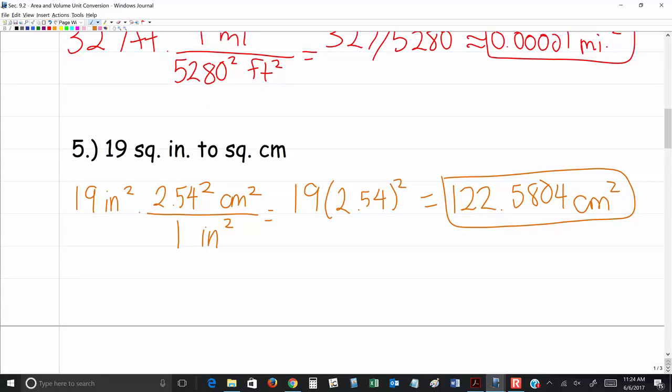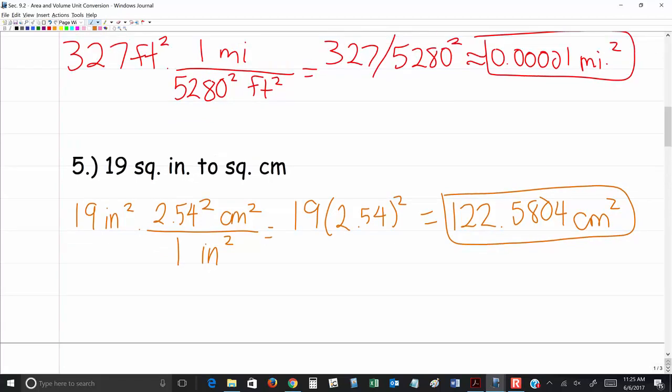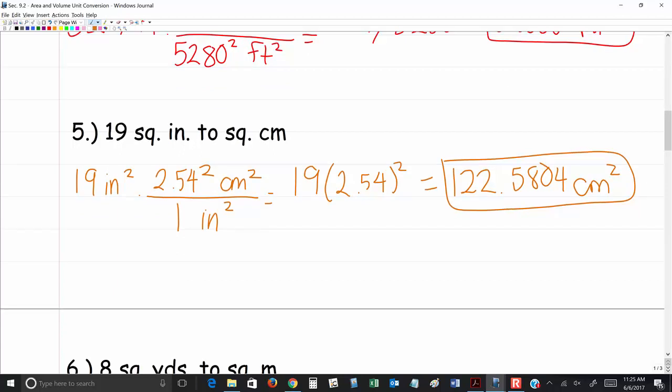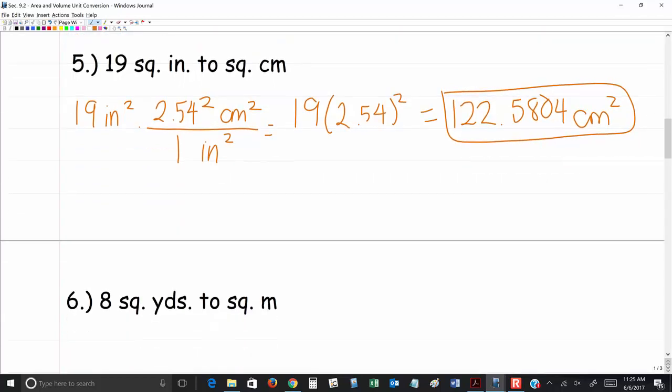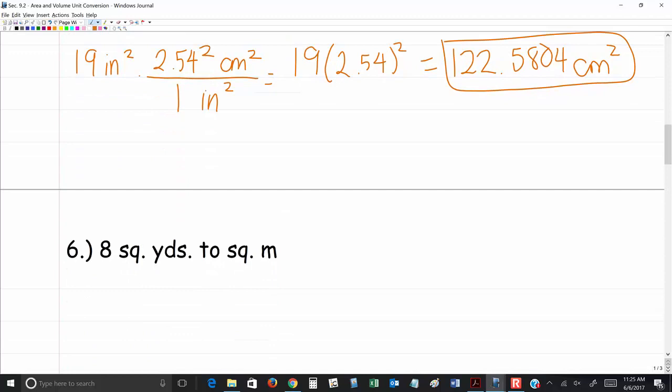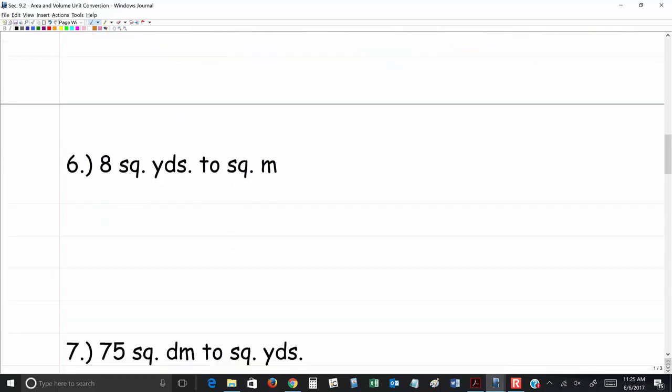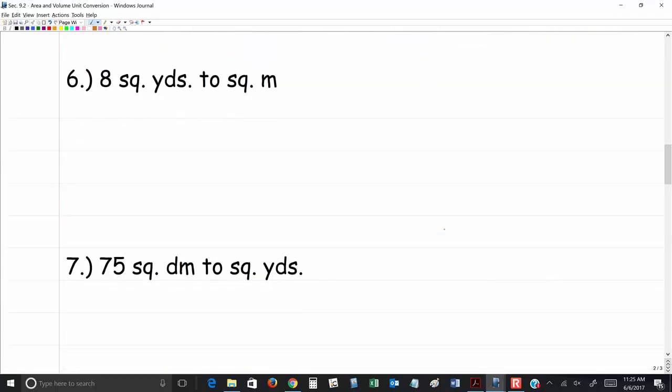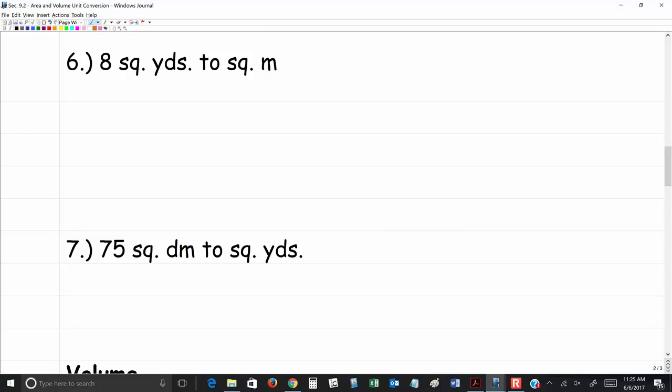All right, any questions? Eight square yards to square meters. So we do have a direct conversion factor between yards and meters.